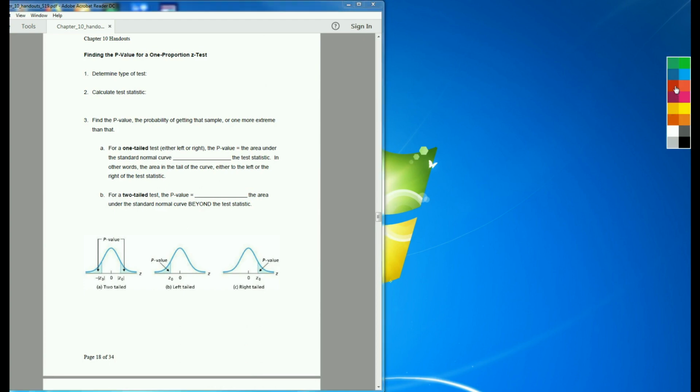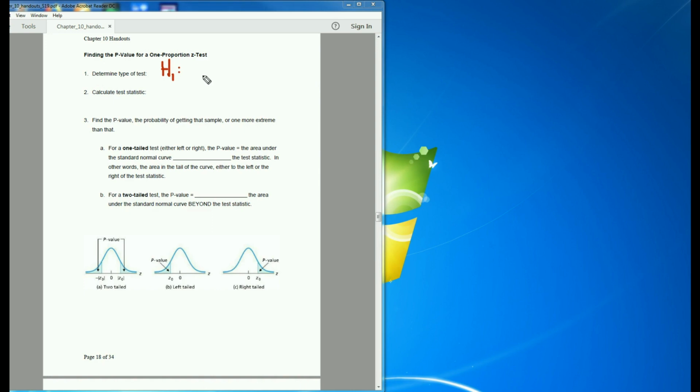Okay, so specifically finding the p-value for a one proportion z-test. So again, first we have to determine the type of test, which again keys completely off what your alternative hypothesis is.